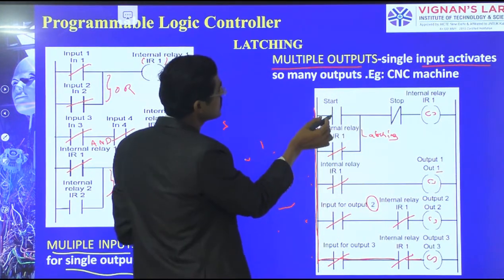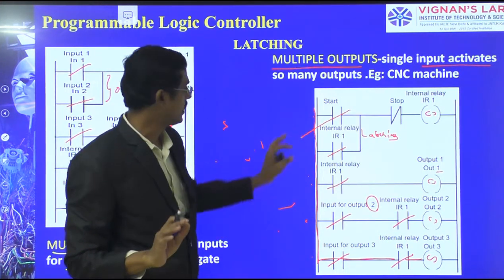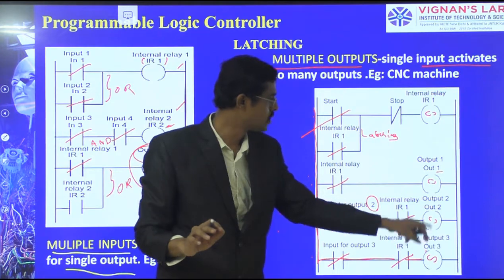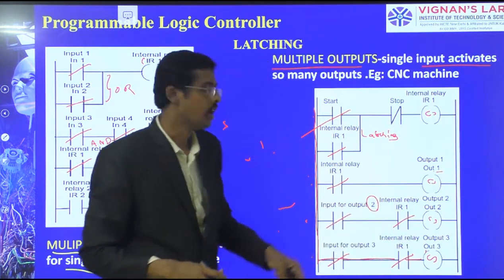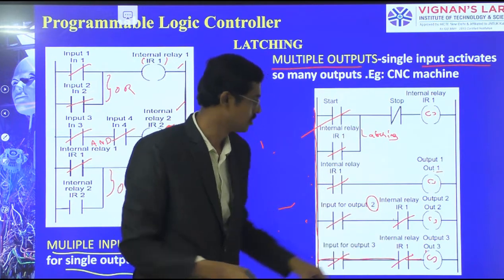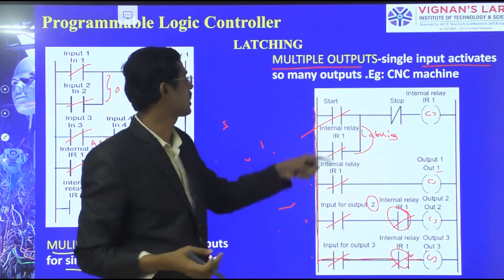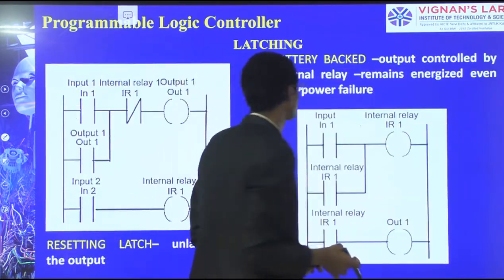I have just started here, a push button has been started over. All the other outputs, output 1, output 2, output 3, are activating with respect to this relay coil IR1. So here I have latched also. With this connection we can do multiple outputs.